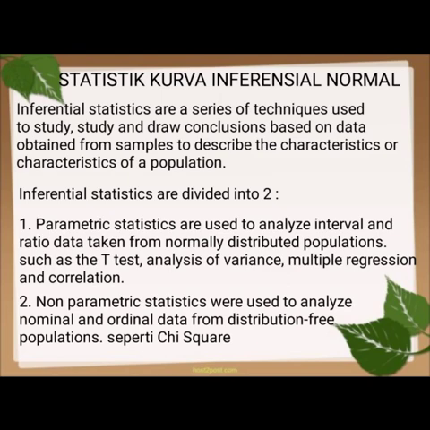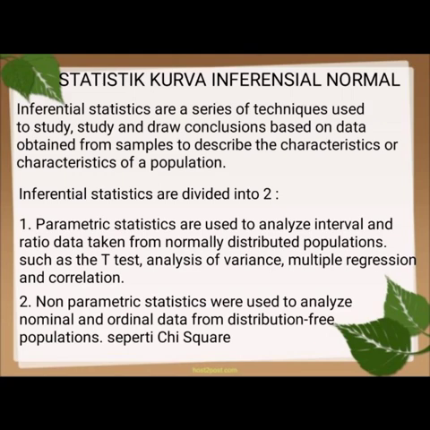Next, inferential statistics and the normal curve. Inferential statistics are a series of techniques we use to study and draw conclusions based on data obtained from samples to describe the characteristics of a population. Inferential statistics are divided into two.